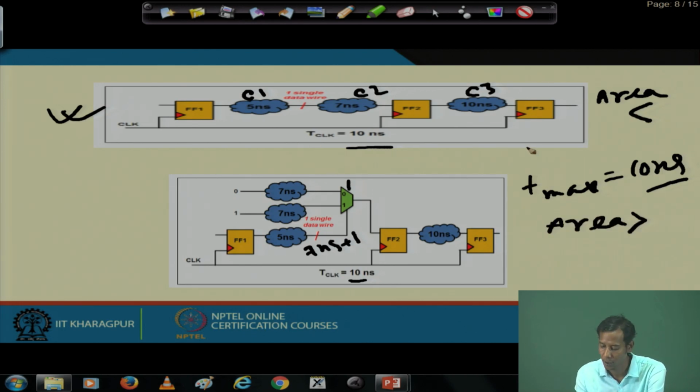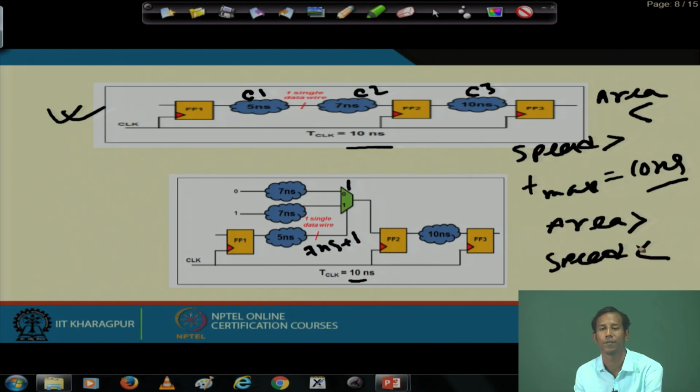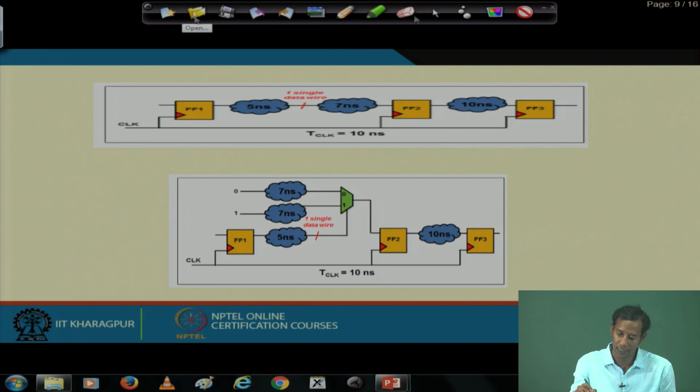In this case speed is more, but in this case speed will be lesser. Okay. So, different architectures, different aspects we can follow or design. Okay. So, then again we will consider another example.